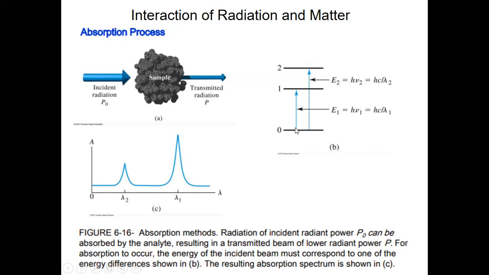When a photon with the correct energy comes, the electrons in the ground state will go to the excited state. The energy difference of E1 is smaller compared to E2, therefore lambda 1 is larger compared to lambda 2. That is absorption.